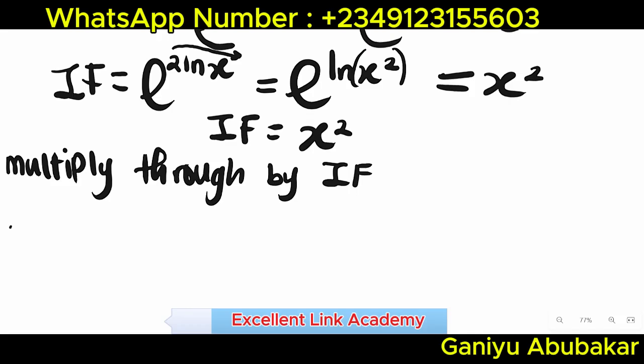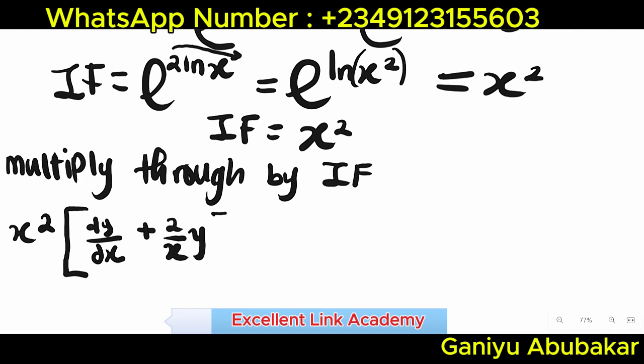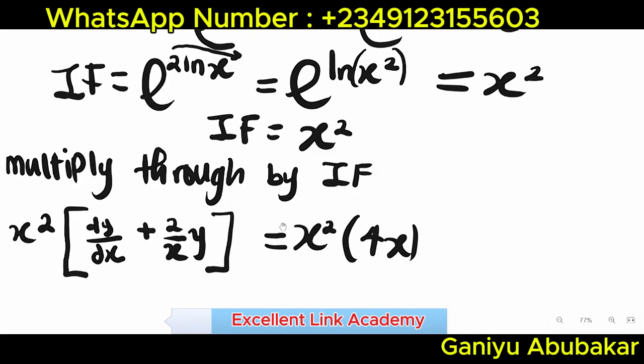So pick out the IF first. x squared is my IF, multiplied into the question, which we transformed as dy/dx plus 2 over x times y, equal to 4x. Multiply this by the IF x squared.